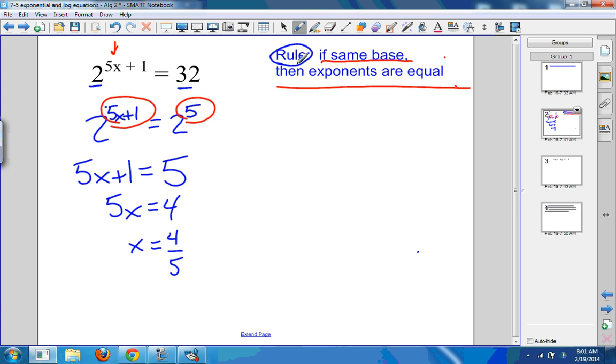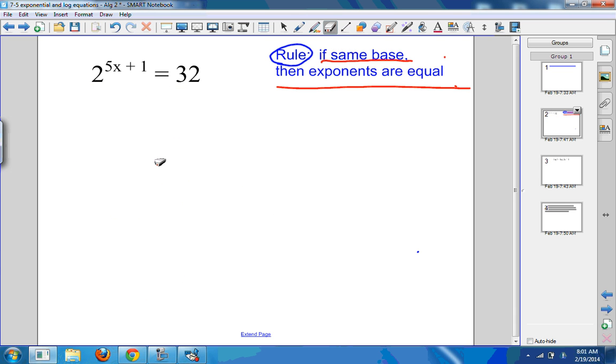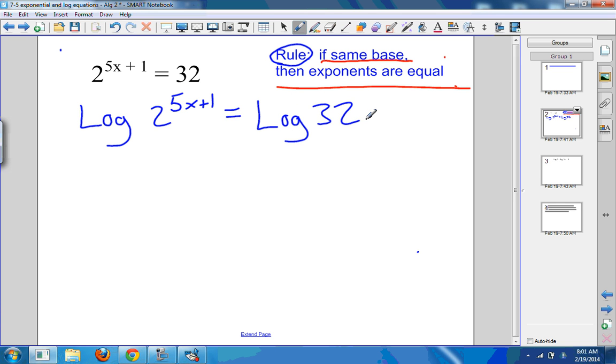There's another way to solve this, though, which some of you might find easier, some of you might find more complicated. If I have this problem, I can take the log of both sides. So I'm going to take the log of 2 to the power of 5x plus 1 is equal to the log of 32.